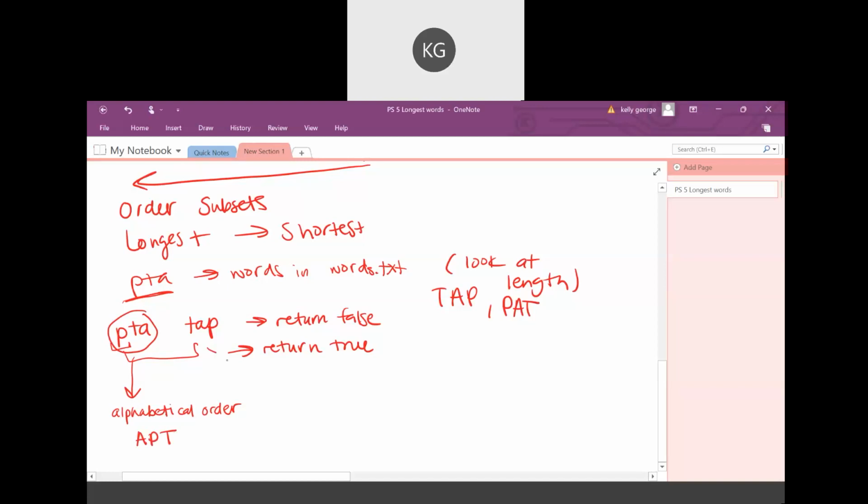And then if we do the same thing to our word, let's say we're going through words.txt and we get to tap. Well, tap, if we put that in alphabetical order, it's also going to be APT, right? So then now if we compare these two, we will return true.